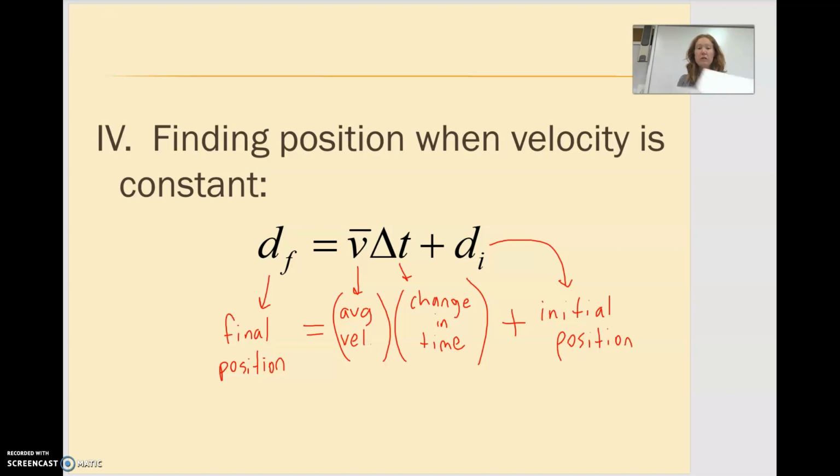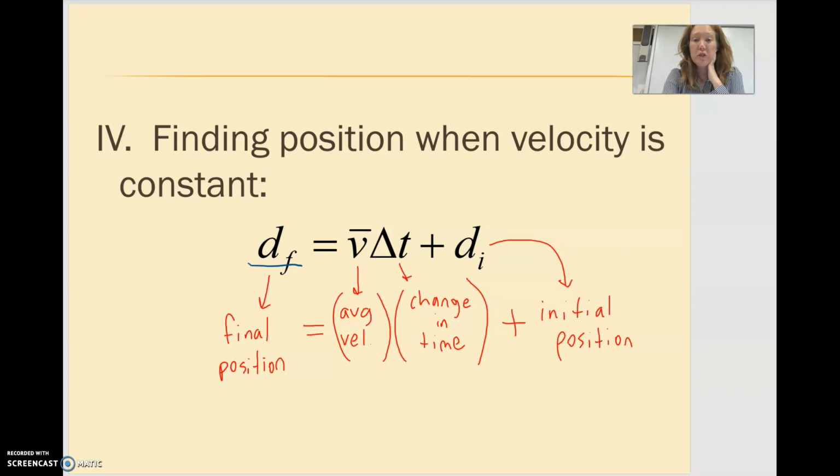But if you want to write down this equation, this looks a lot like y equals mx plus b. It's because we've got a final position here. That's what this means. df means, the f means final, okay?